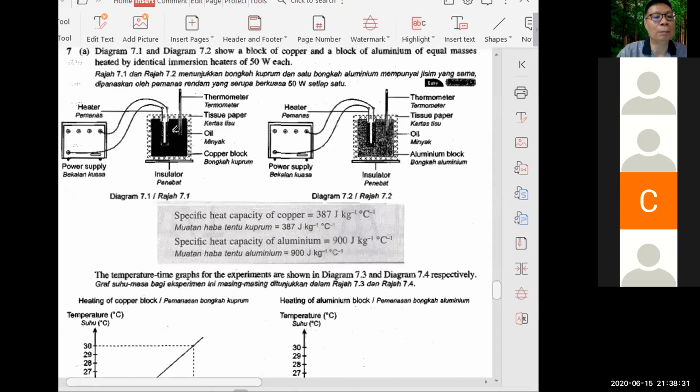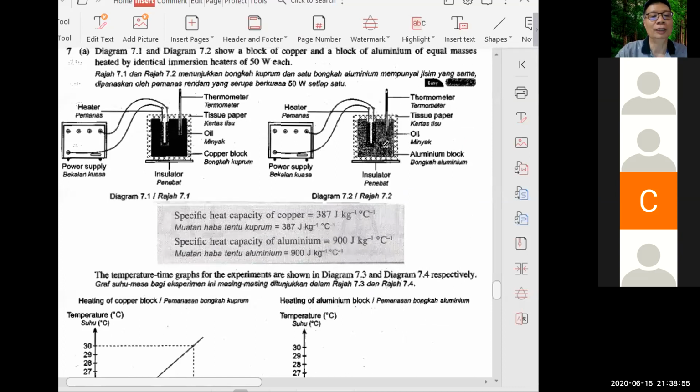This is a block of copper. This is copper. This one is aluminum. A block of copper and a block of aluminum of equal masses are heated by an identical immersion heater of 50 watt. This heater and this heater are the same, identical. The only difference is this one is copper, this one aluminum.